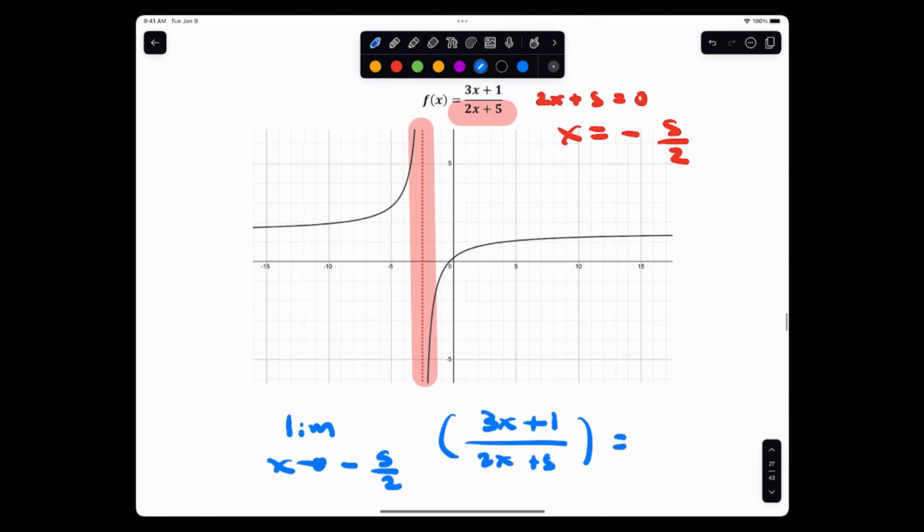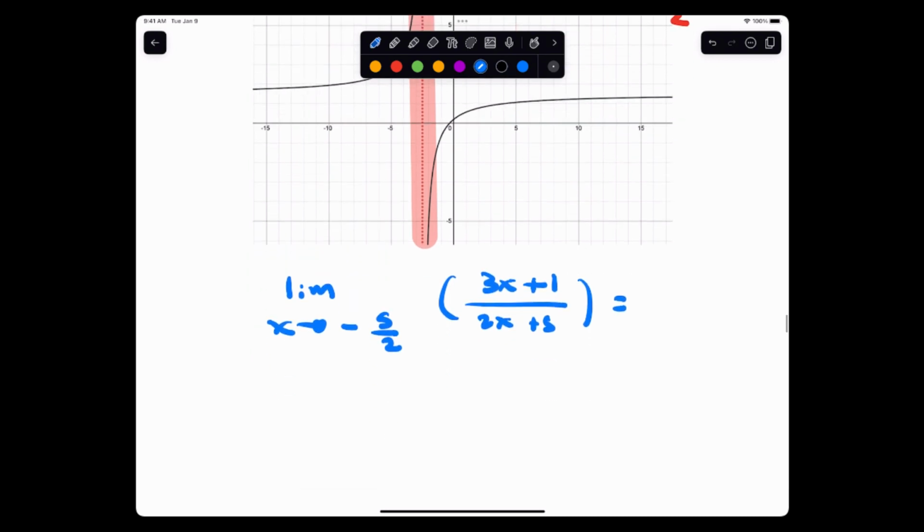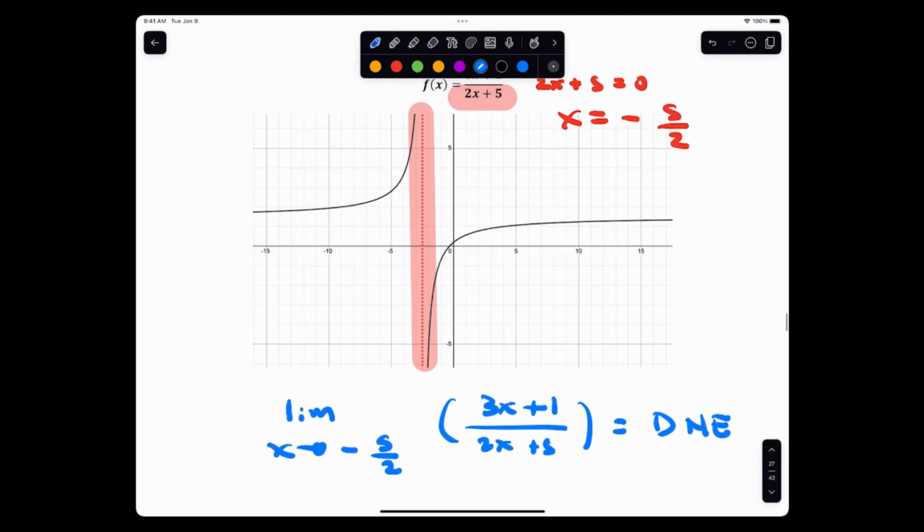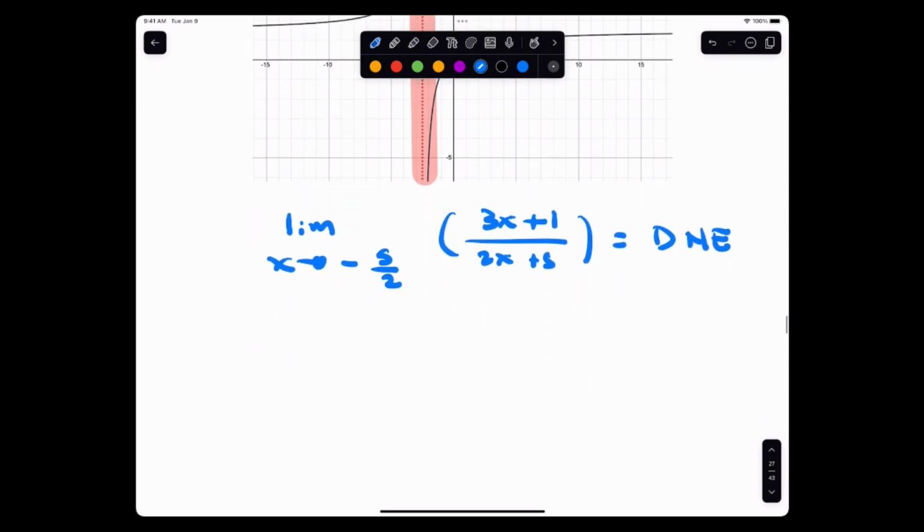How does that curve behave? To the left, it goes up forever. That's infinity. The left-handed limit is infinity. What's the right-handed limit? Negative infinity. What does that equal? Does not exist. All right. And of course, you might say f of negative 5 halves is undefined.